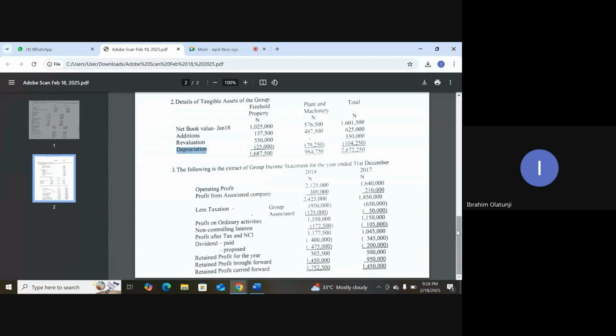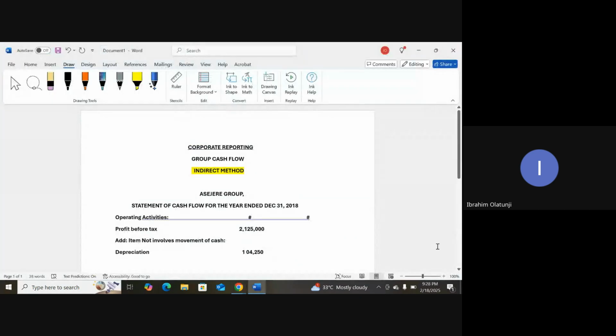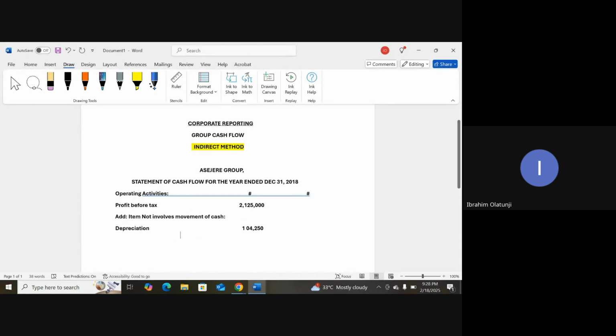So after that, since we don't have any other information regarding that, we now say we want to calculate the movement of working capital. So that's where we can now add this. Who can help us? Let's add this one first.